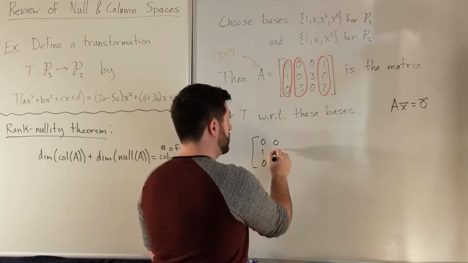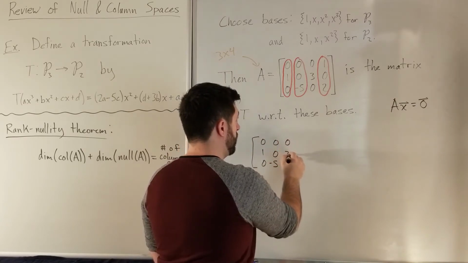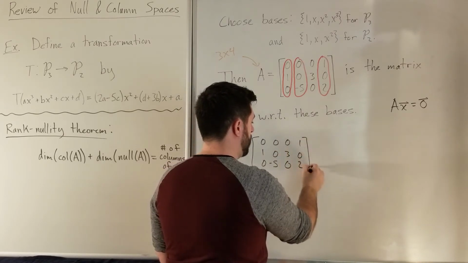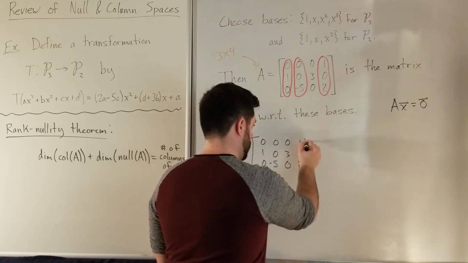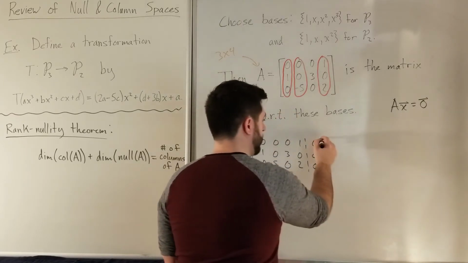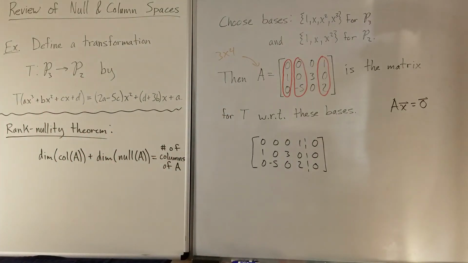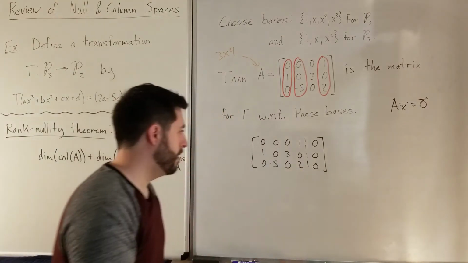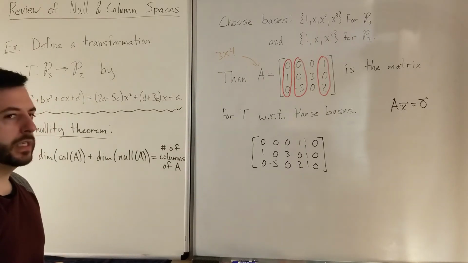So we're going to take our matrix, we're going to augment it with zeros, in other words, the zero vector. And now we're going to row reduce. Well, if you've already calculated the stuff for the column space, which we just did, you've already done some of the row reduction.